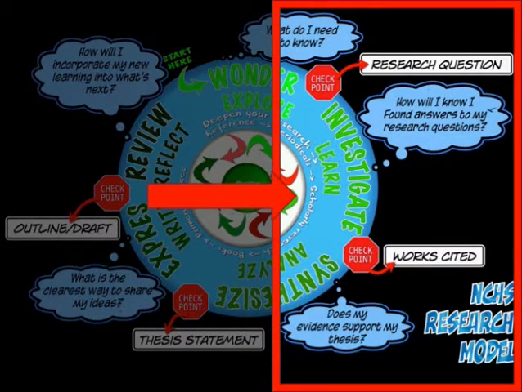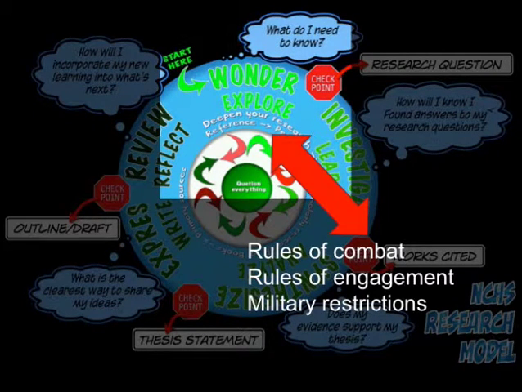What we want to look at next is how do you move from that exploring initial phase into the next phase. So when you're in the exploration phase, you're going to search for really broad terms. So the example I'm going to be using for a little while at least is rules of combat or rules of engagement. We had a student who was working on this topic last year.